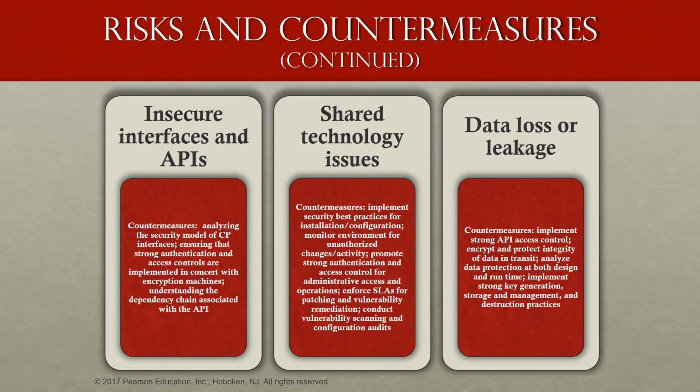Shared technology issues. IaaS vendors deliver their services in a scalable way by sharing infrastructure. Often, the underlying components that make up this infrastructure, CPU caches, GPUs, etc., were not designed to offer strong isolation properties for a multi-tenant architecture.